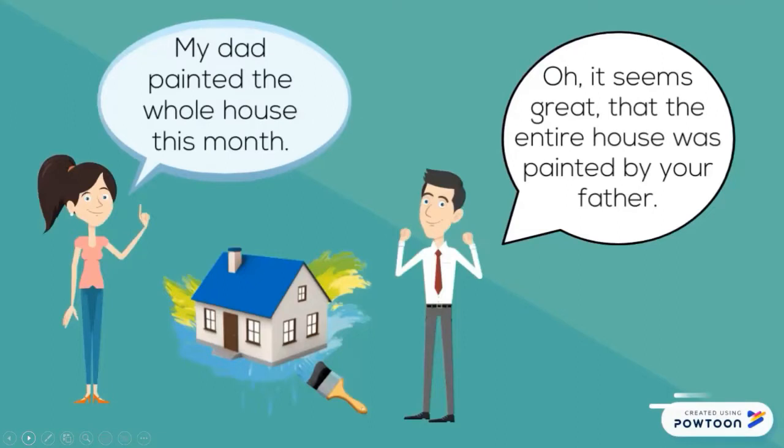Here's the next dialogue. In this first bubble, Dad is the subject. The house is the receiver of the action. Meanwhile, in the second bubble, the house is the subject, while father or dad is the receiver of the action.